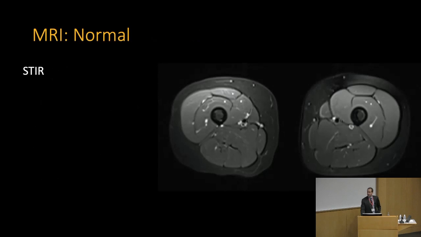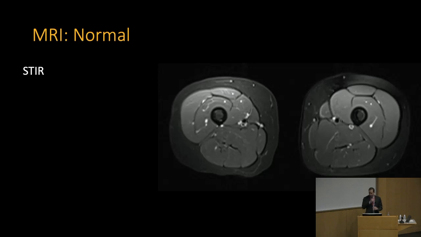So here is a STIR image. A STIR image is basically one of MRI's best sequences. What it stands for is not important, but it is a very highly sensitive T2 weighted sequence that has fat suppression. So what that means is that it can detect tiny bits of water. And the reason it's so sensitive is because we've taken the white signal from fat and we've made it dark.